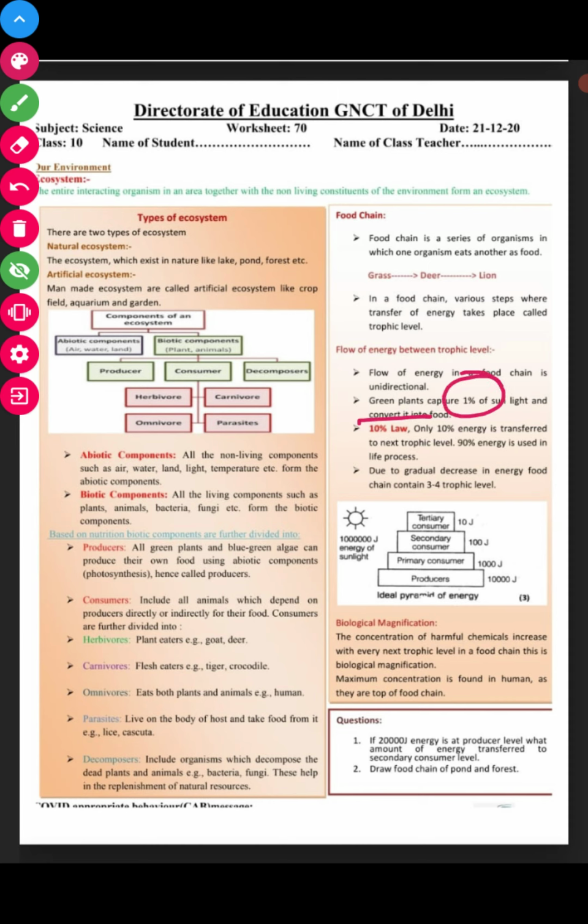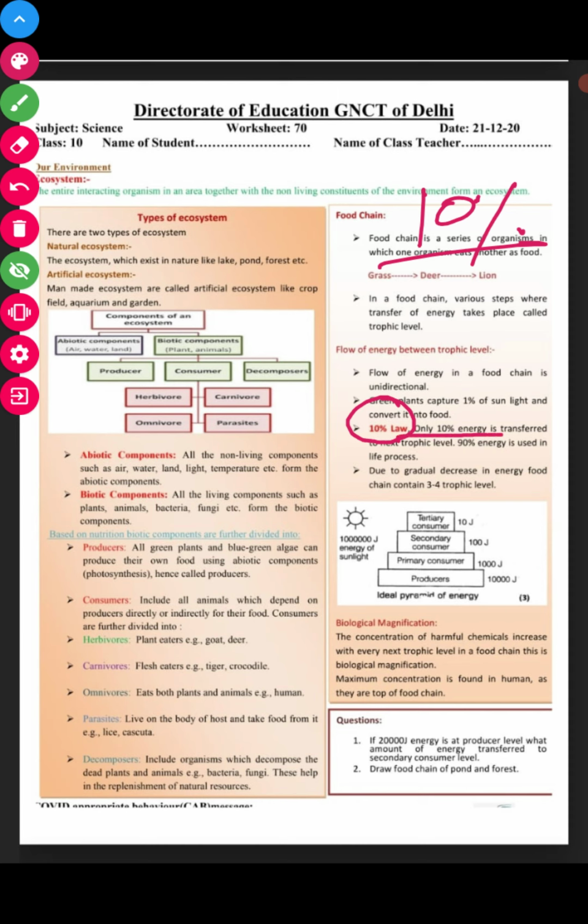Green plants use the sunlight for the process of photosynthesis for making their food, and for this process they use only 1% of light. Energy transfer takes place by the law of 10%. Energy transfer is taking place through the law of 10%.